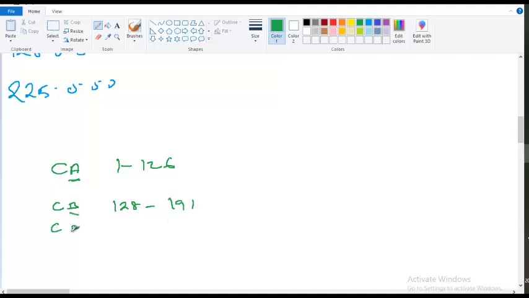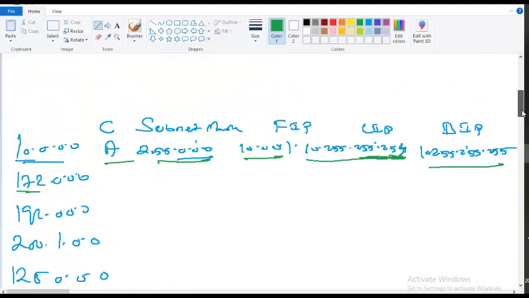Class C is 192 to 223. Class D is 224 to 239. This is the range we saw, and we also saw how this is derived.